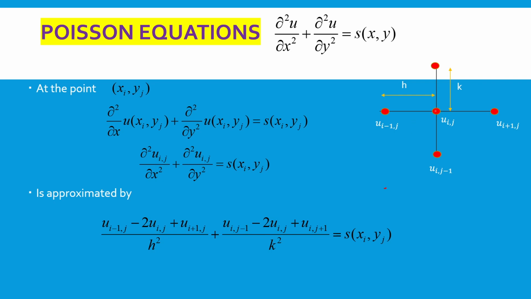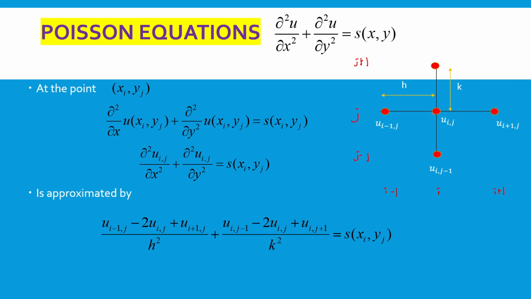So that's why you have the molecule here. The center node here is uij. And then you can see the middle vertical line, this is at xi. Right is i plus 1. Left is i minus 1. Bottom level is j minus 1. Center level is j. Top level is j plus 1.